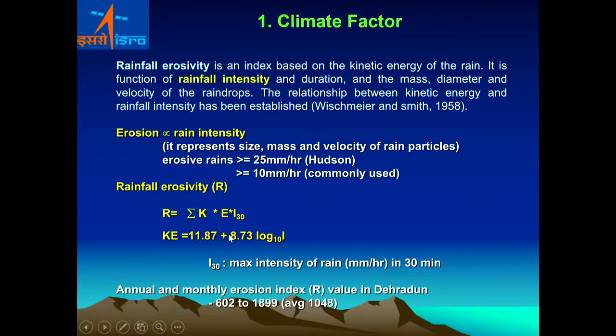Using these equations, we can calculate daily rainfall energy, then daily to monthly, monthly to annual. In general, erosion models take into account the total kinetic energy in a season, the rainy season, or sometimes annual, meaning the entire year, what the rainfall erosivity was in this region.